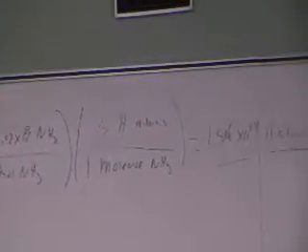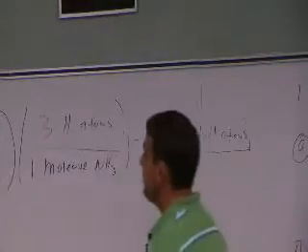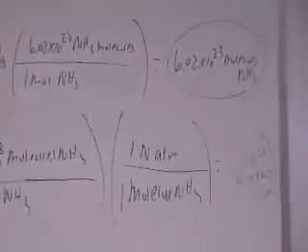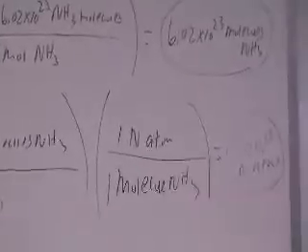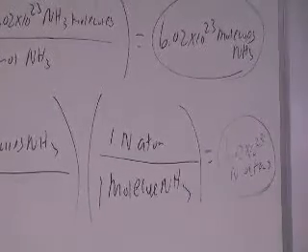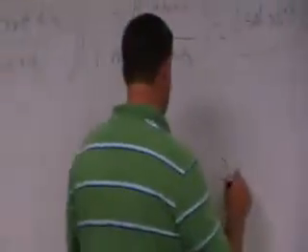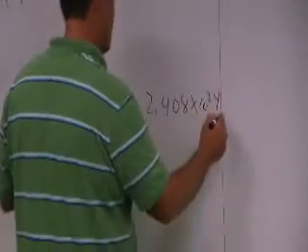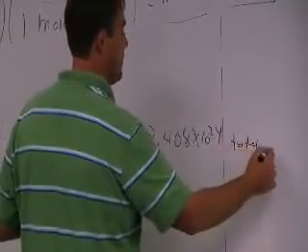Now it wants to know the number of total atoms of all kinds. Well, how many total atoms have we got there? 4. So everything's the same except that. So 6.02 times 10 to the 23 times 4 would be 2.408 times 10 to the 24 total atoms.